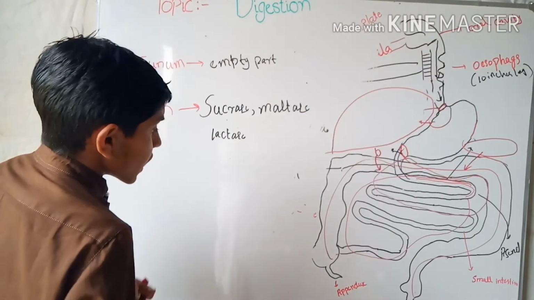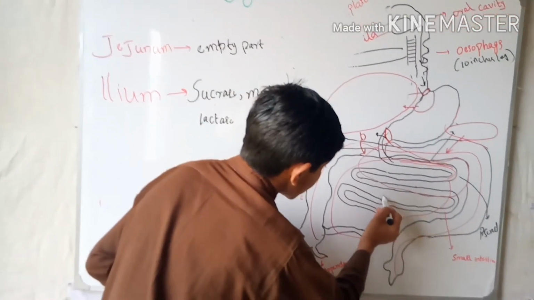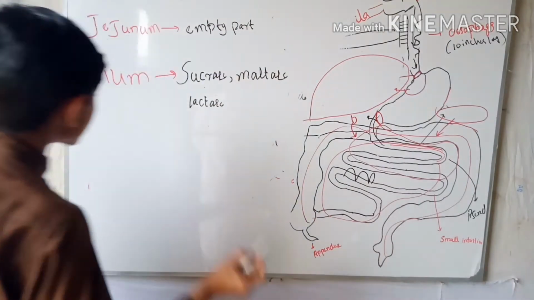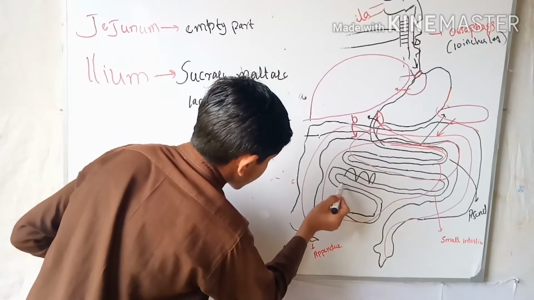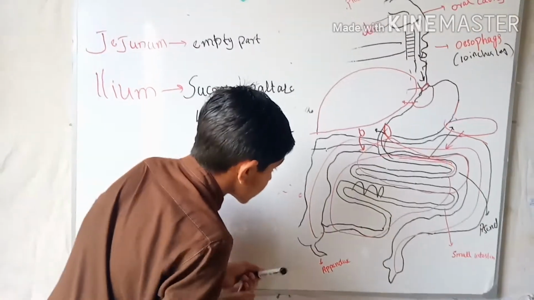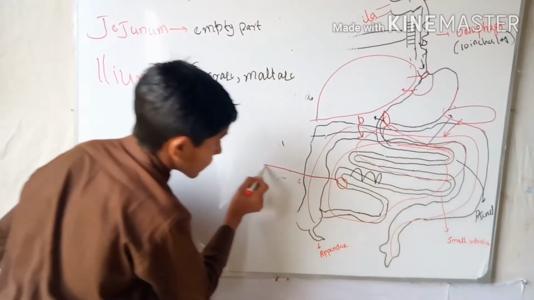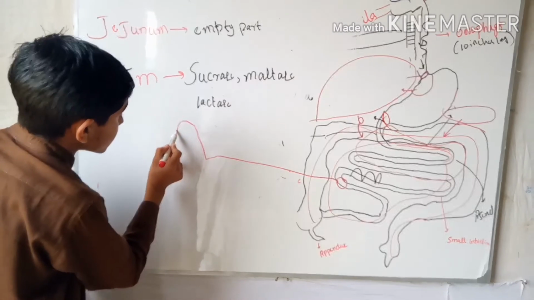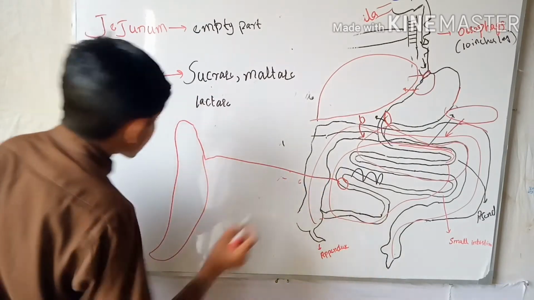Okay, the ileum also has some finger-like projections like this for the absorption of food. So I draw it here like this. This is the portion, so it is the ileum.